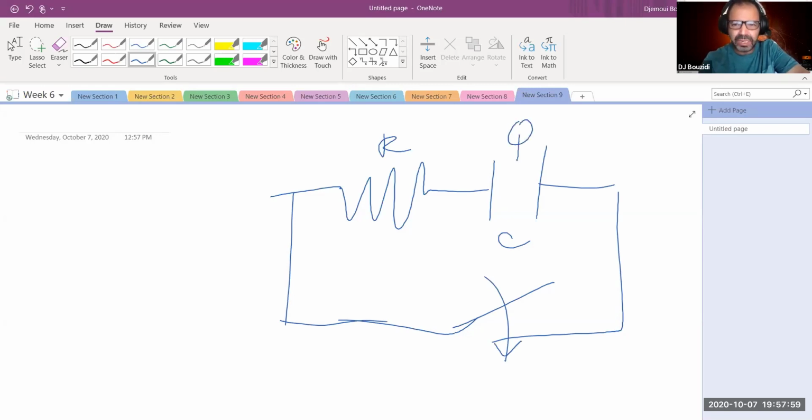Initially, that is a big deal. There is a charge in the capacitor. And the charge in the capacitor, I'm going to take it to be positive on this side and negative on the other side. It's clear from this picture that the current will flow in this direction.